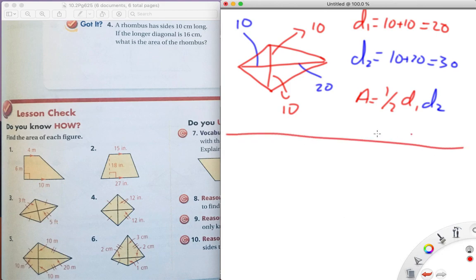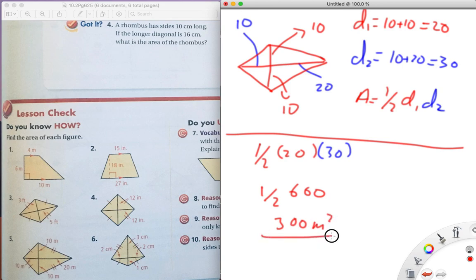So in this case, it's going to be 1/2 times 20 times 30, which is 1/2 of 600, which equals 300 meters squared.